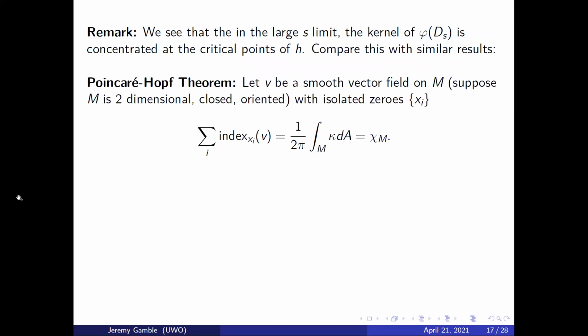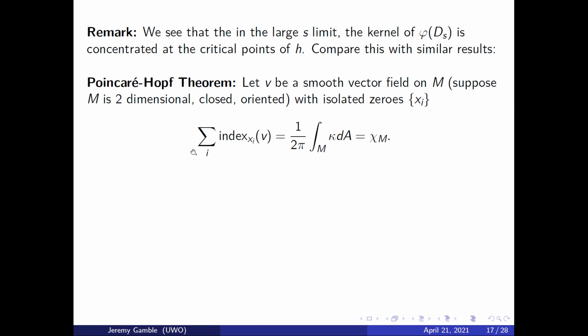So we have the Poincare-Hopf theorem, for example, where if you have a smooth vector field on a manifold, and the zeros of the vector field are isolated, the sum of the indices of the vector field at each point is equal to this integral, where we're using the Gauss-Bonnet theorem here.